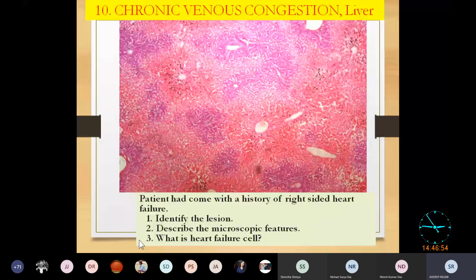So, hemosiderin-laden macrophages are found in the alveoli of patients with left heart failure. It is seen in the lung. Which macrophages?